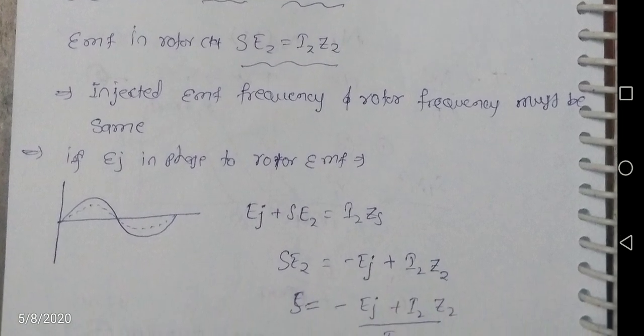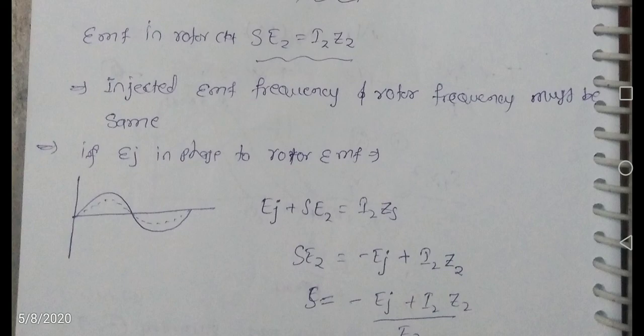So draw this equation. Actually S E2 equal to I2 Zs, so I2 equal to S E2 by Zs.